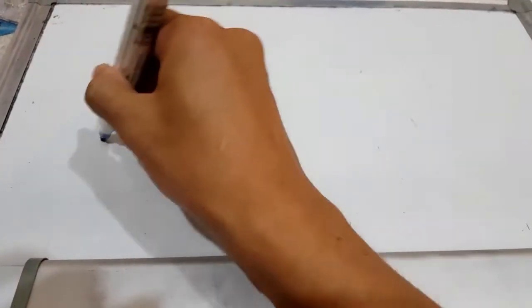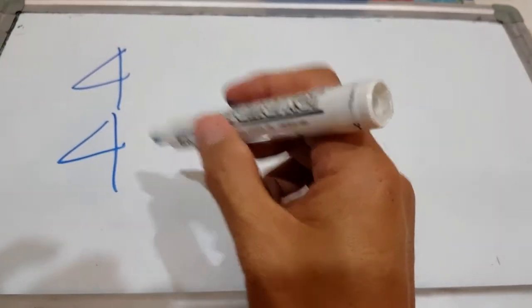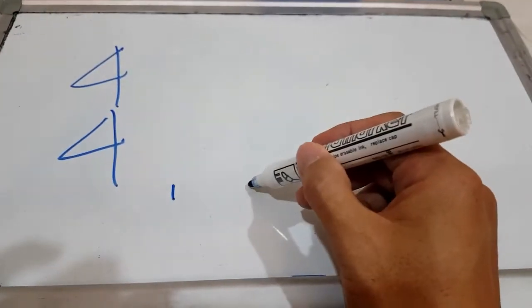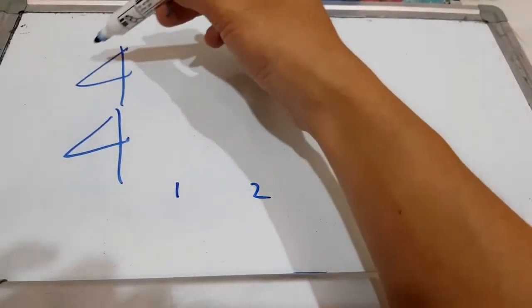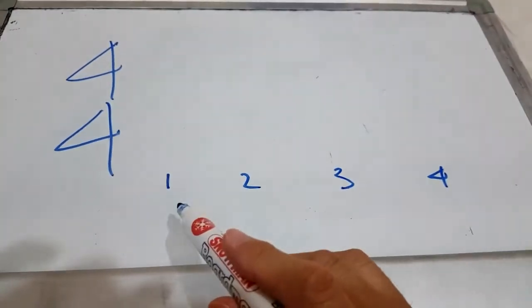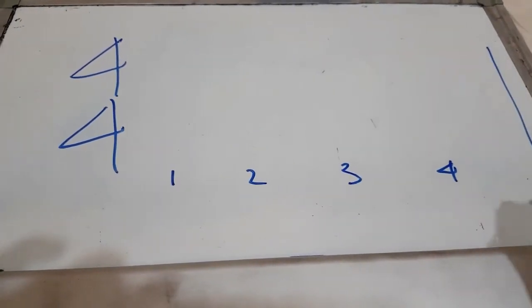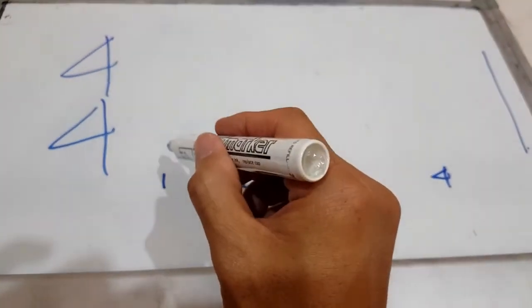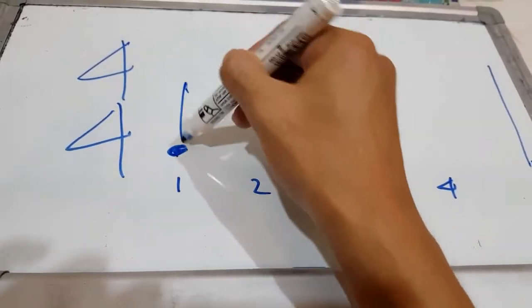Now let's go back to this 4 4. If I have 4 4 time signature, it means the number on the top means I will have 4 beats for each measure, and the value of each beat is worth a quarter note.